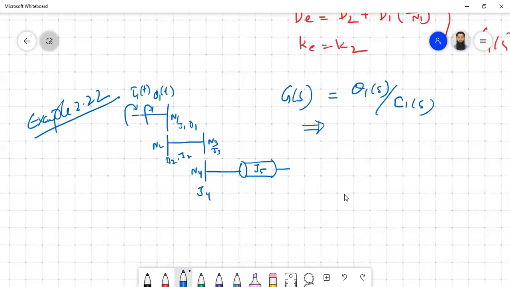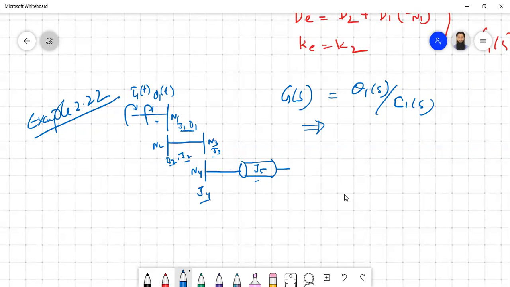One thing to be careful about: J1 and D1 are already on the primary side, so we don't need any multiplying factor for them. But D2, J2, J3 are in the middle, and J5 and J4 are another level, another teeth ratio apart.